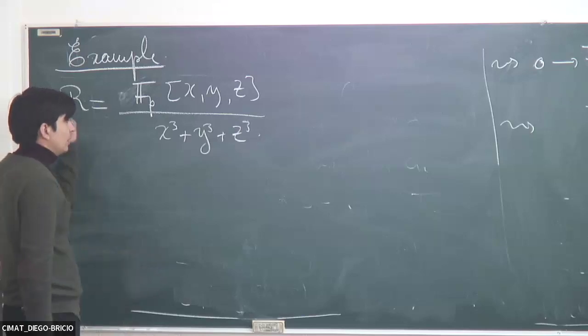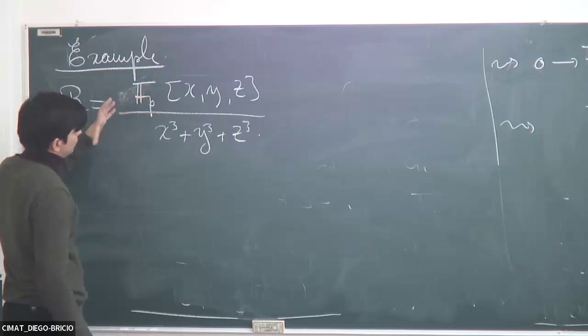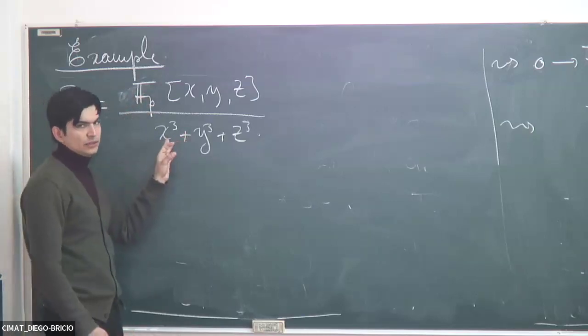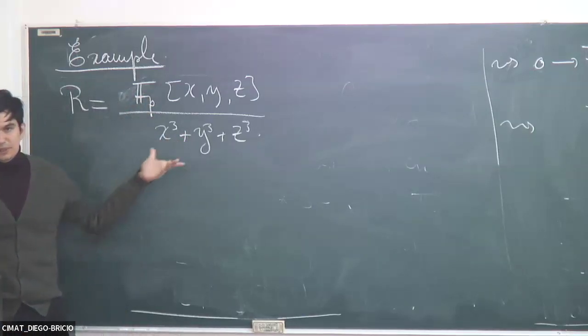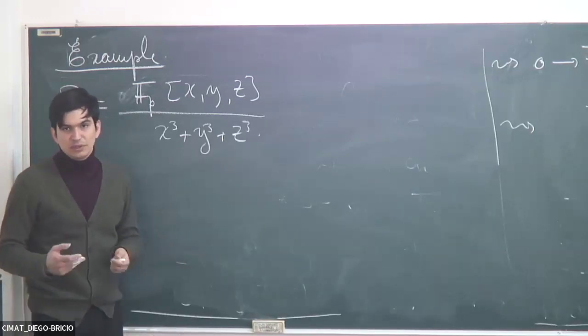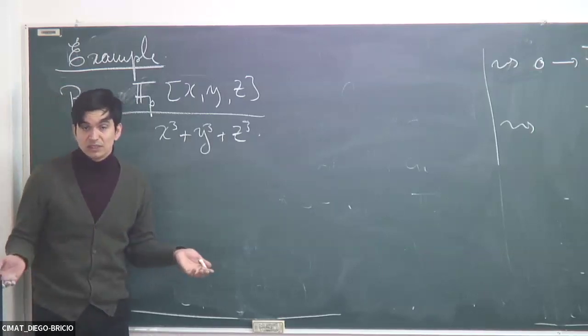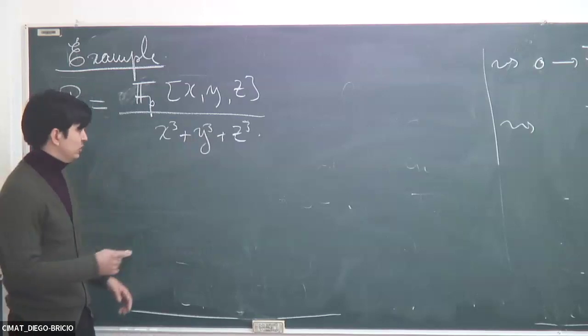Well, for example, in this ring here, you can see that it's a homogeneous thing and so on. Essentially, you can see that it is regular everywhere in the spectrum except at the origin x, y, z. So that's the only prime ideal that matters here.